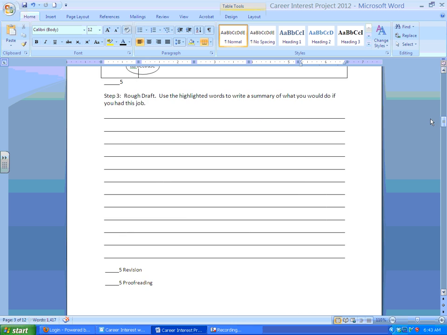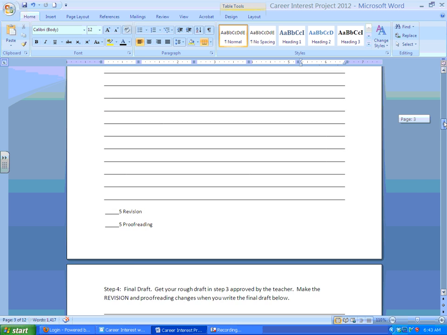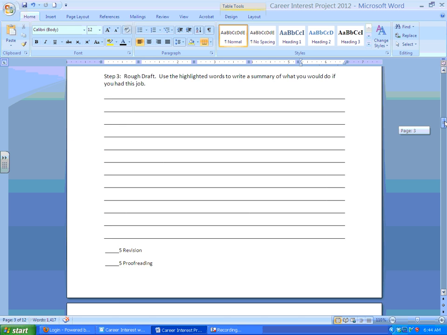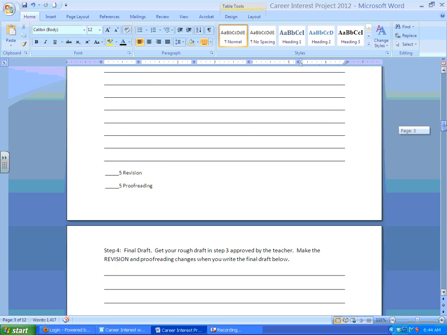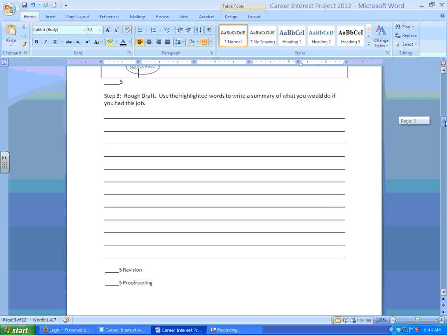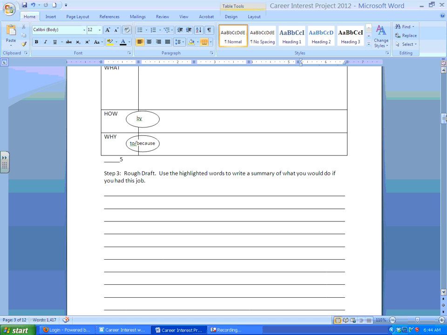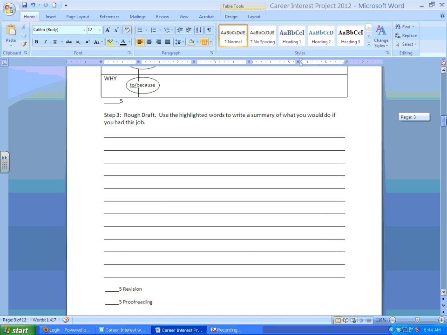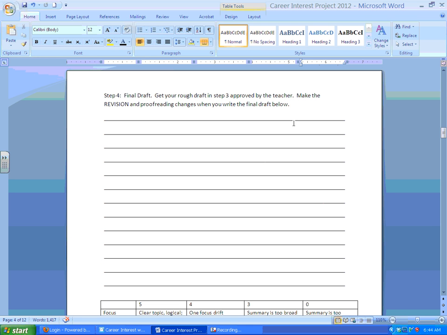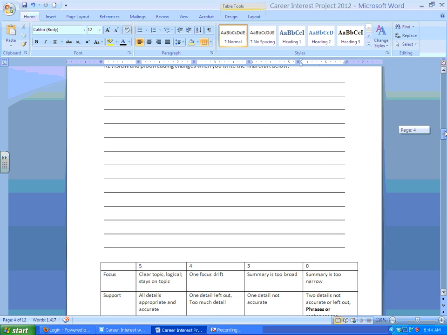Now you'll notice it says that you need to do revision and proofreading. I don't want you to go on to a final draft of the summary until I've seen this draft first. That way, if you need revisions, you need to change the content or the structure of the writing, I can give you that suggestion. Or if you need to proofread, I can show you the proofreader marks on where you need to add or make corrections on the proofreading.